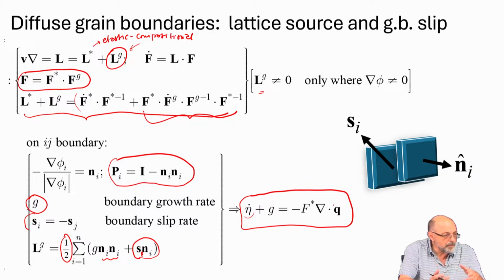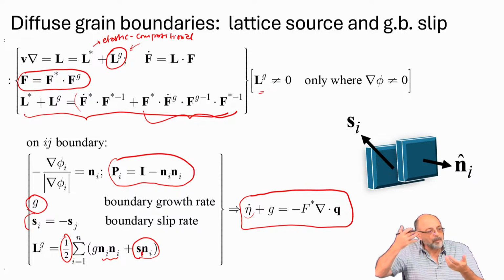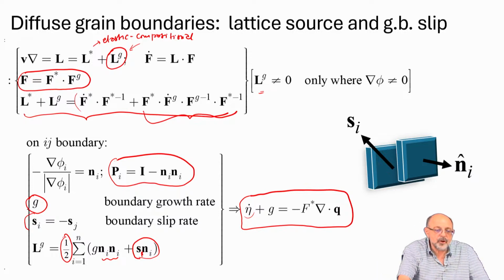That's the usual transport. But I also have a sink. My boundary growth takes atoms that are diffused, right? So instead of increasing the concentration of atoms, those atoms are spent on new lattice planes. So this operates as a lattice sink, as an eta sink.